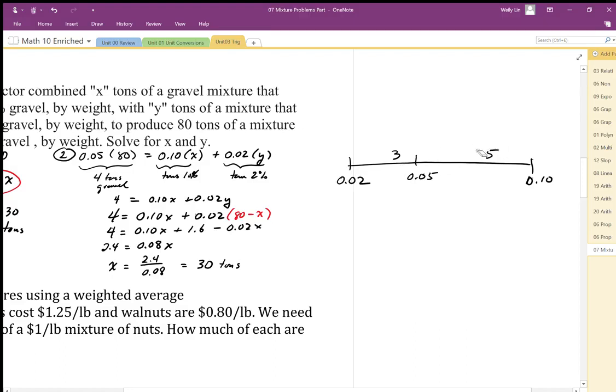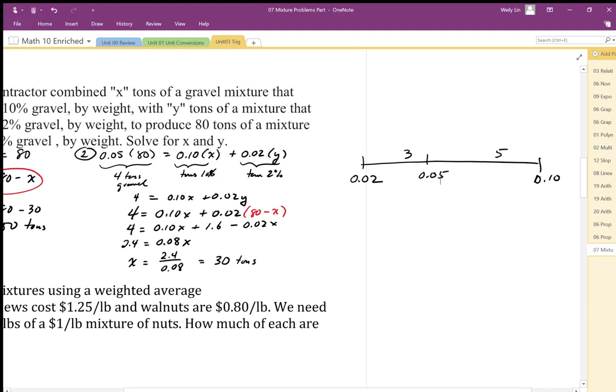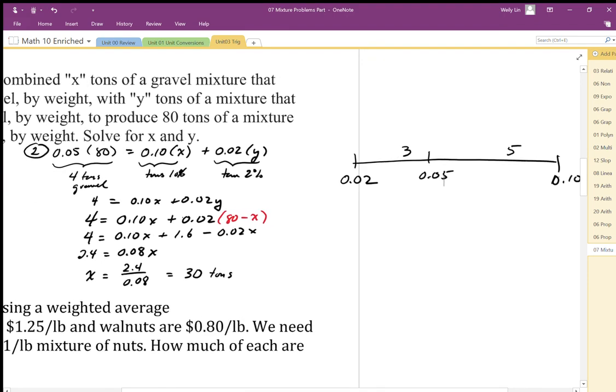I use 5 parts of the 2%, 3 parts of the 10%, and this relationship seems to hold true. This proportion in here actually reflects the proportion, but in reverse, of the amount we needed for 2% and 5%. And this is not by coincidence. This spacing in here actually gives us an indication of the proportions as well.